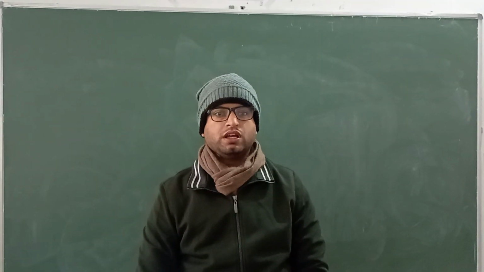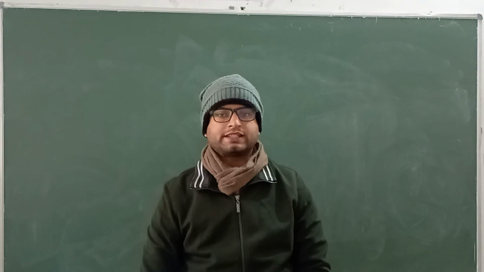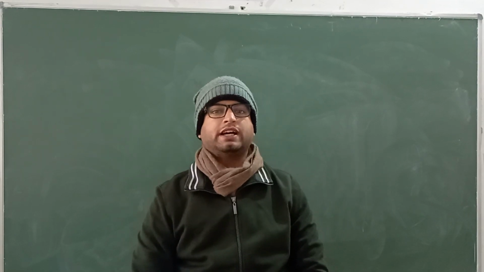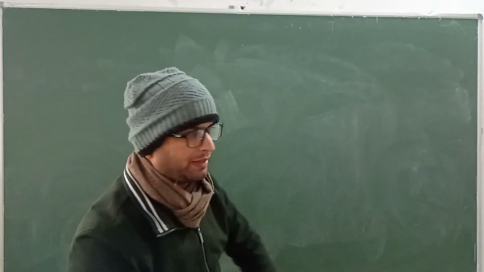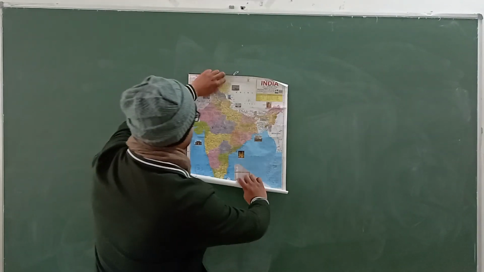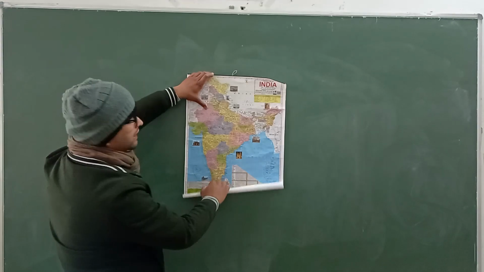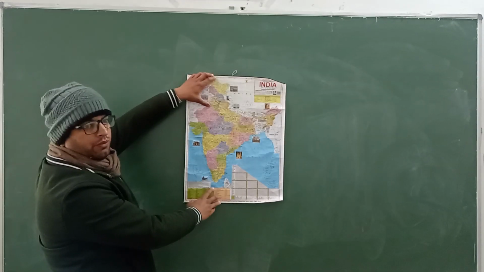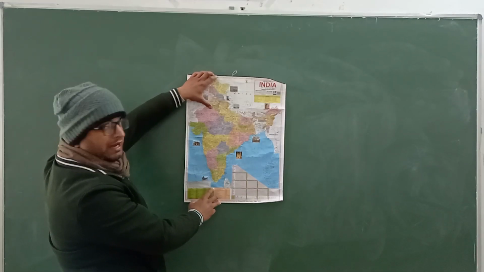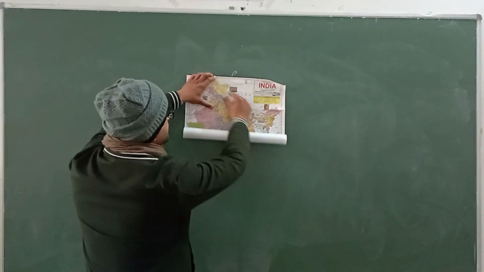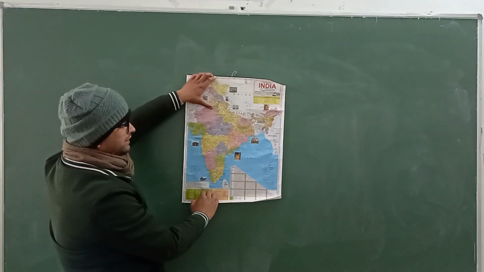So first of all, we will start by presenting the physical map of India. Here is the physical map, and we can see on the northern point there is Ladakh in Jammu and Kashmir, which is surrounded by the Himalayas.